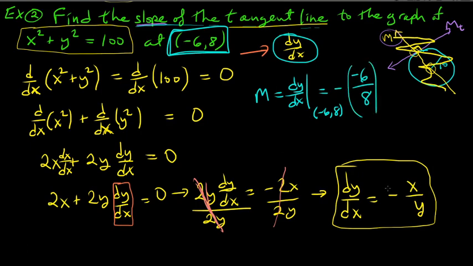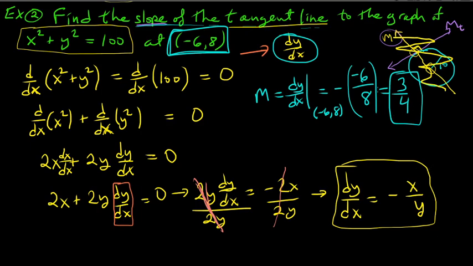But keep in mind there's this negative in front here. So it's a negative of a negative, which is positive. And so this reduces to positive 3 over 4. Okay, so that's my slope, the slope of the tangent line at that point. At a different point, of course, you'll get a different slope and so on, but that's right.